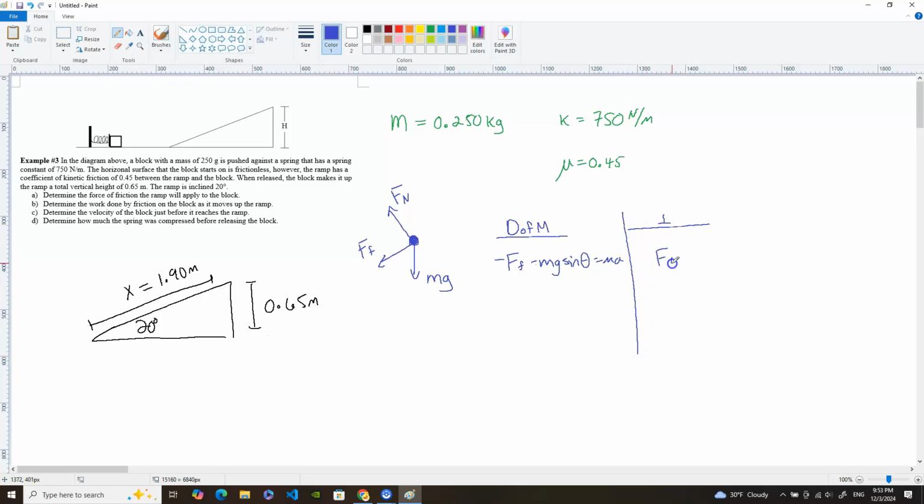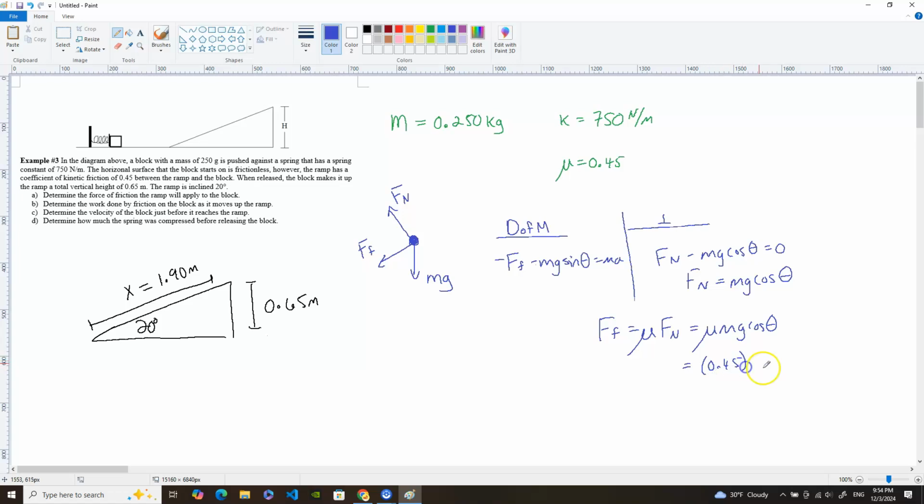Perpendicular, I will have normal minus mg cosine theta equals 0. Whole point of that declares the normal force is mg cosine theta. The reason why I care about that is because my force of friction, by definition, is mu Fn. So that's mu mg cosine theta.